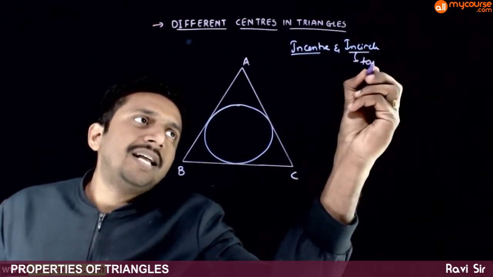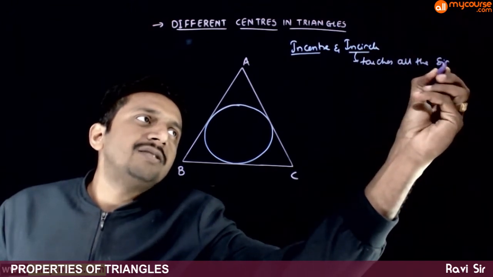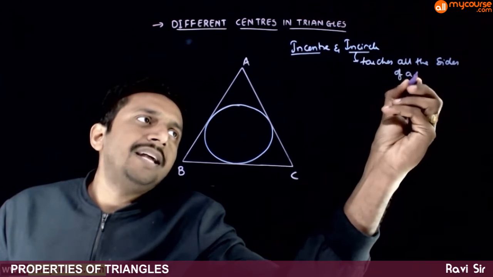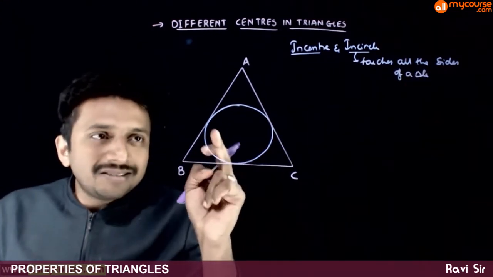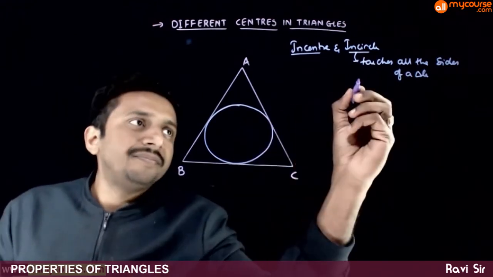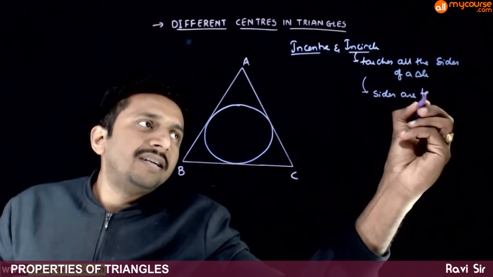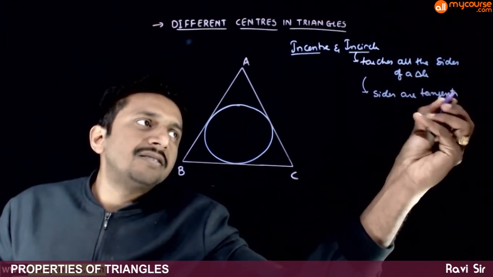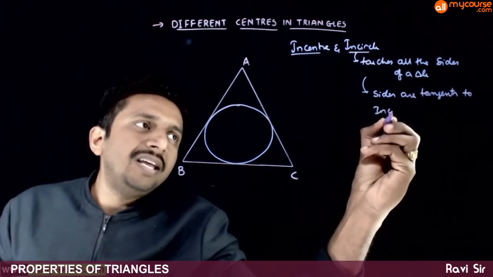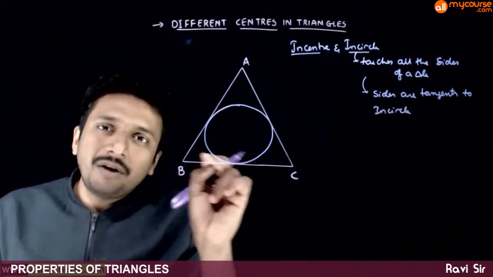The incircle touches all the sides of a triangle. That means the sides of a triangle are tangents to the incircle. So that's the meaning of the incircle of a triangle.